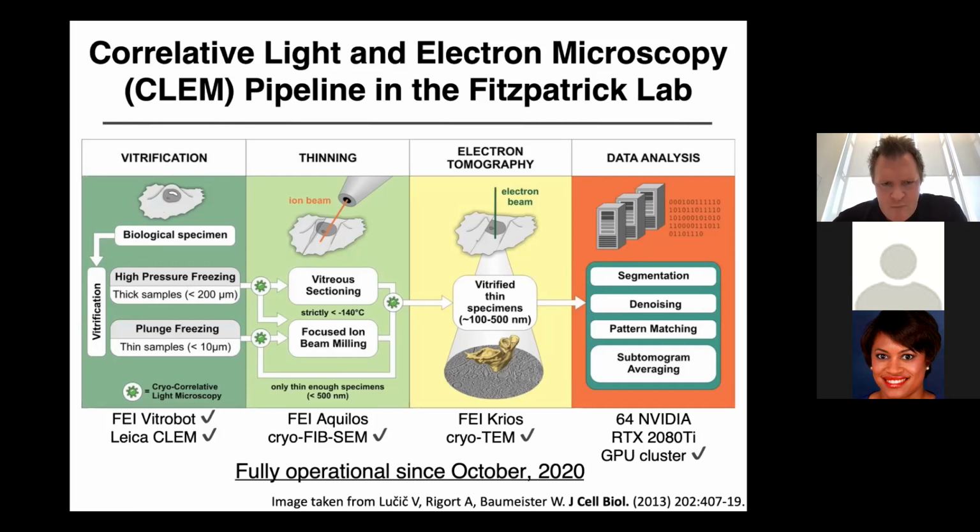So we also sometimes have to shave down these cells, whether it's a cancer cell or a neuron, so that you can get an electron beam through that portion of the cell and generate an image. Then, through tilting the stage, you generate different views of that cell. And finally, a lot of this work, whether it's single particle analysis or tomography, involves a lot of computational work on the back end to generate the reconstructions.